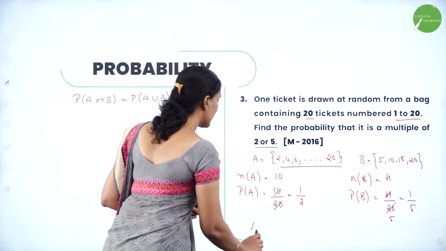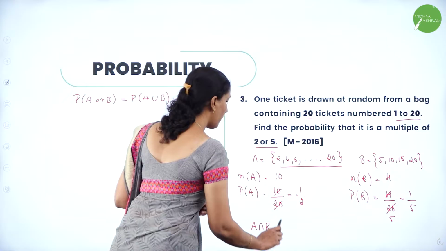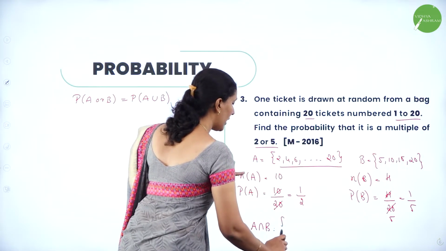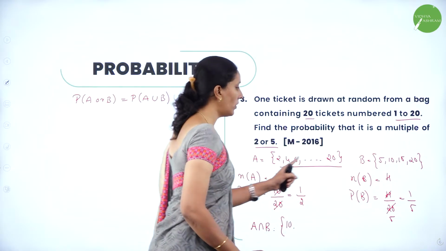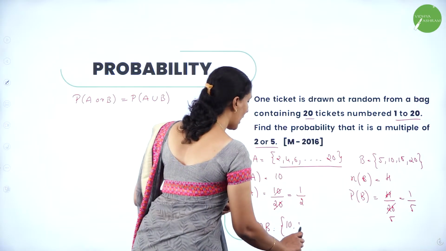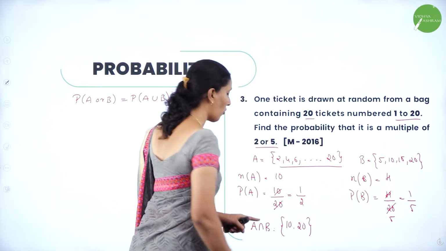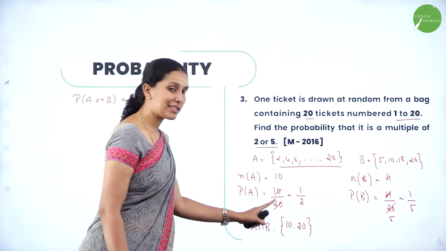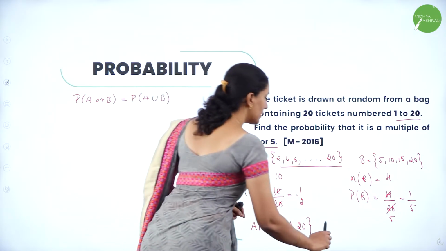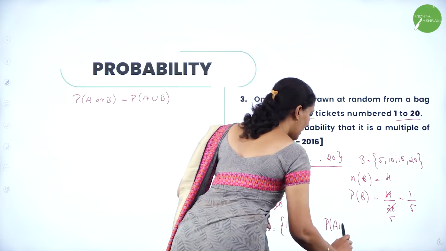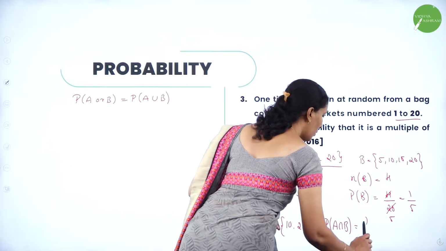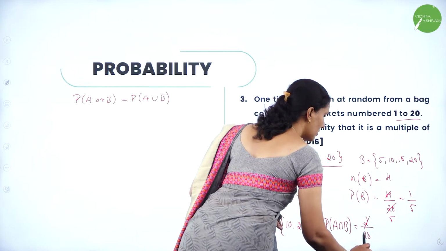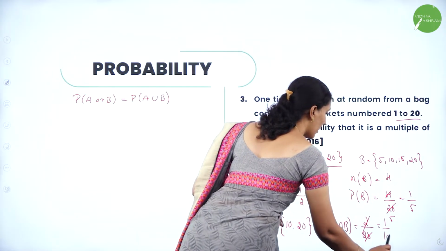That is A intersection B. 10 is a multiple of 2 and also a multiple of 5, and 20 is also a multiple of 2 and of 5. Therefore, probability of A intersection B will be 2 divided by 20, hence you will get the value as 1 by 10.